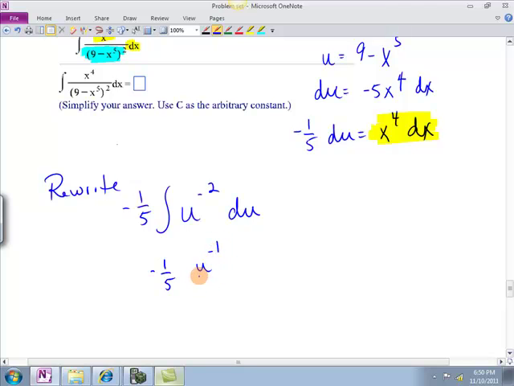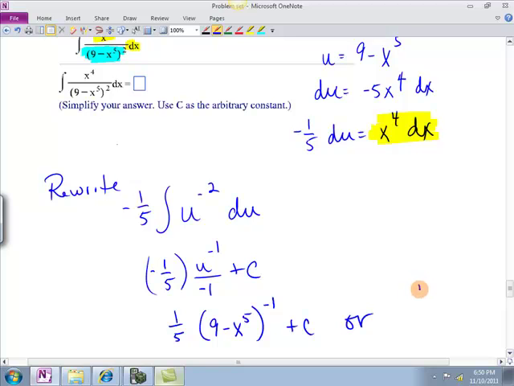U to the negative 1 over negative 1. Okay, so what's going to happen here? It's going to be a positive 1/5. And then u to the negative 1, we could write it like that and say 9 minus x to the 5th to the negative 1 plus c. Or how else would we write it?